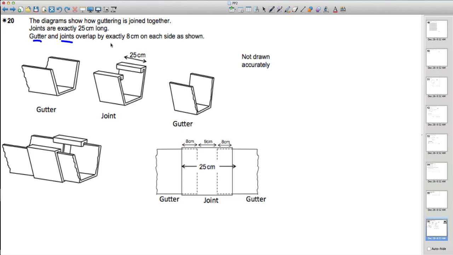Gutters and joints overlap by exactly 8 centimeters on each side. So you've got this length of gutter, and the joint connects them together, and it overlaps the gutter on the left hand side by 8, overlaps the gutter on the right hand side by 8. The total length of the joint is 25, so therefore the bit where there's no gutters in between is 9 centimeters.